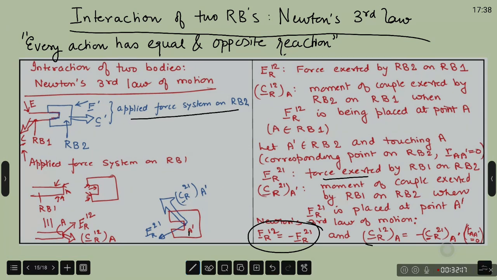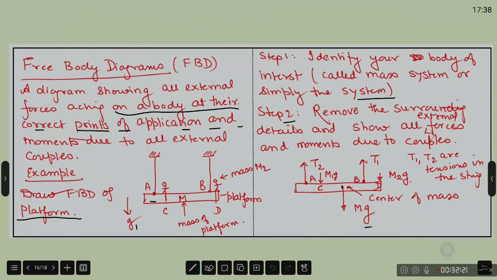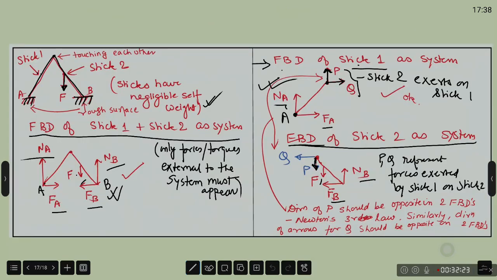Okay, so this you should take care of. If you draw the FBD of stick 1 like this, and if you draw the FBD of stick 2 not like this but like this and this, you will never get the right answer. Never get the right answer. Okay, please keep this in mind.